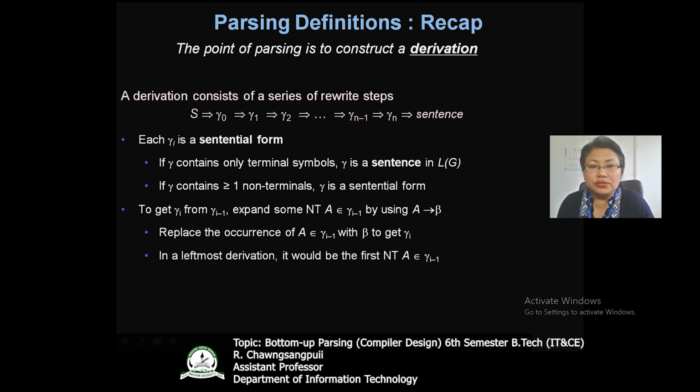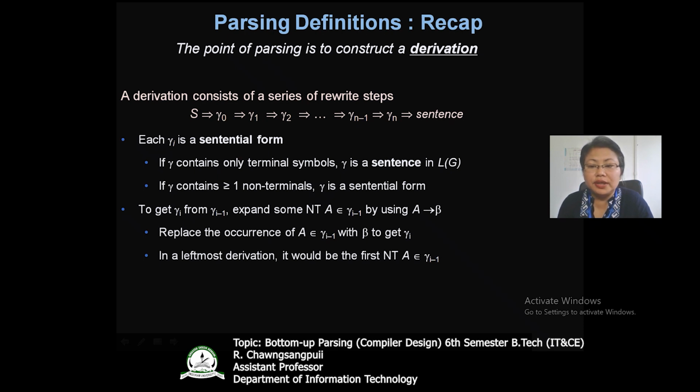Now let us do a recap of what we have been learning so far. What is the meaning of parsing? The reason we have parsing is to construct a derivation. A derivation consists of a series of rewrite steps, like S derives gamma 0, which derives gamma 1, which derives gamma 2, up to gamma n minus 1, gamma n, which derives the sentence.